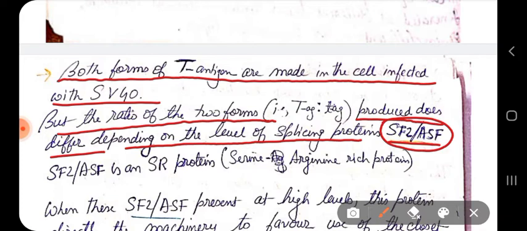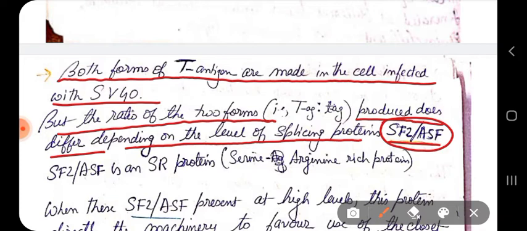The ratio of the two forms differs, that means the large T antigen protein formed from the mRNA and the small T antigen protein formed from the mRNA. The transcript has to be spliced before translation can be produced.